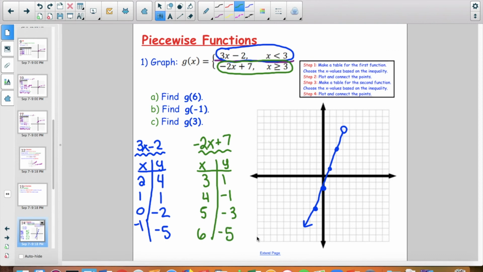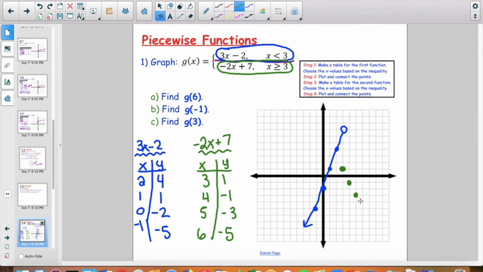Okay, so we're going to graph this separate from the one that we did in blue. So we have 3 and 1. Now this is a closed circle because this is or equal to. Then we have 4 and negative 1. We have 5 and negative 3.